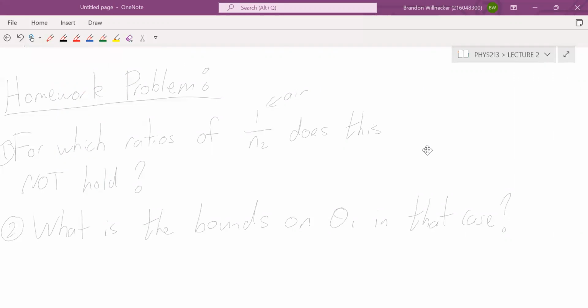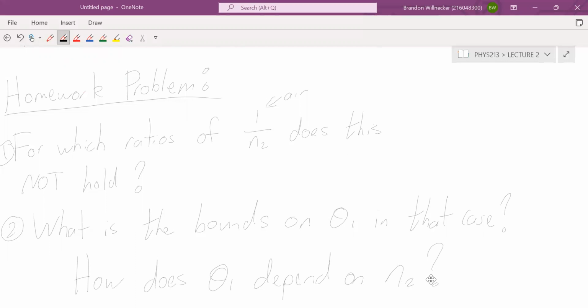Okay, maybe there is some critical angle of incidence where you get total internal reflection and other parts where you don't. Okay, so I want to know, how does theta 1 depend on this N2? Yeah, so that's for part two.